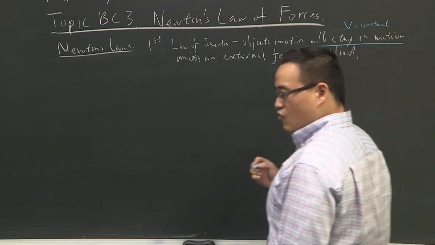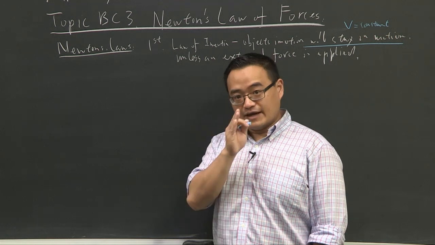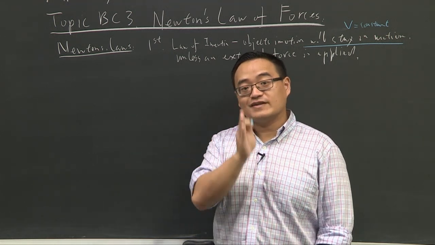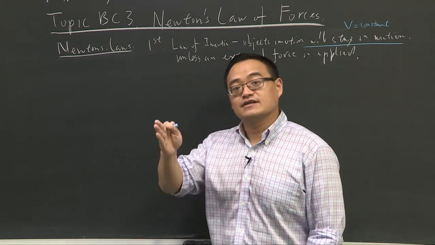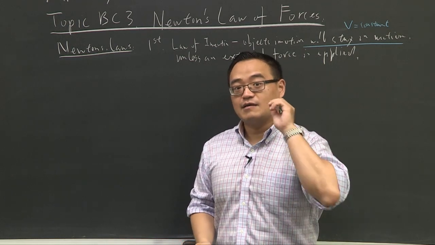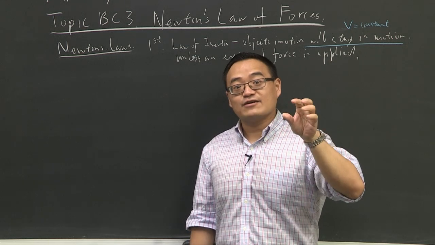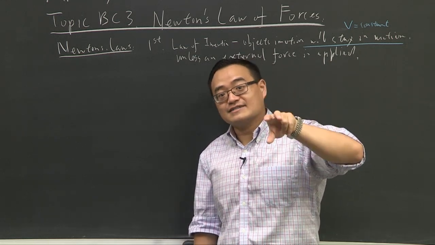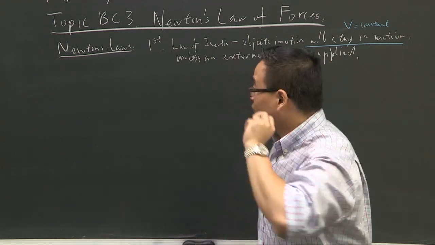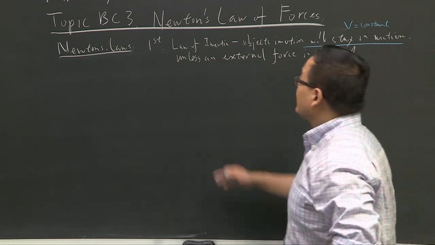A course of motion, at any velocity, means that if you maintain that course, there is no change, so your velocity will stay constant. Whether that velocity is 0 or 20, it doesn't matter. If your velocity is constant, you're maintaining your course of motion.